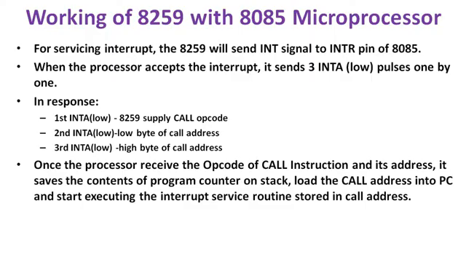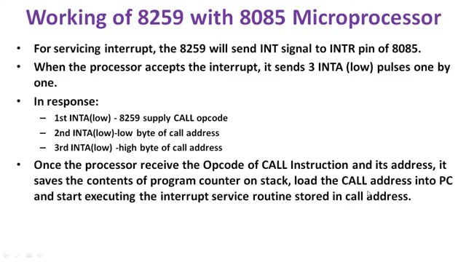Next point, once the processor receives the opcode of the call instruction and its address, it saves the contents of the program counter on the stack. So here the stack pointer plays the important role, which saves the return address onto the stack, then loads the call address into PC and starts executing the interrupt service routine, which is stored in the call address.